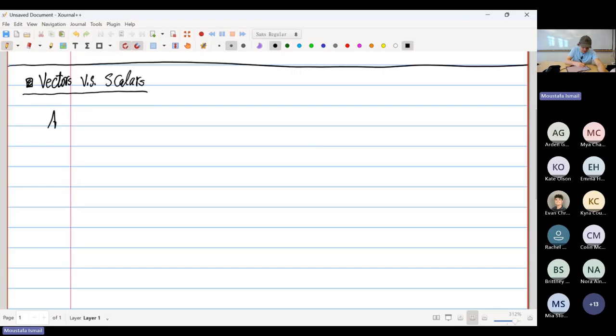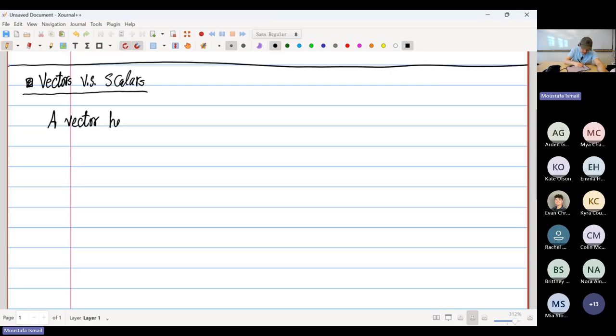So a vector is a quantity that has both magnitude and direction. So it tells you something about where you're going, not just by how far or how much speed you're going. It tells you also the direction.